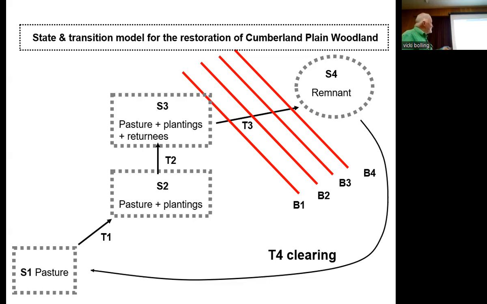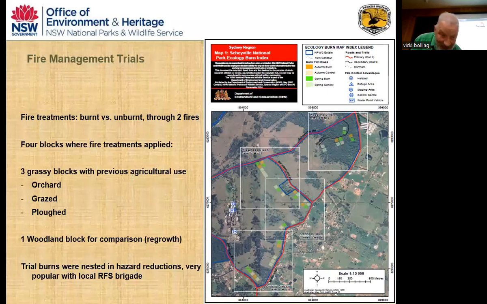And then that's the remnant, and the transition to the remnant just doesn't happen. So there's barriers, and that's what the B is. So there's a bunch of barriers that you can hypothesize stand in the way of that vegetation going back to the original thing. And the fourth transition is just clearing back to pasture.